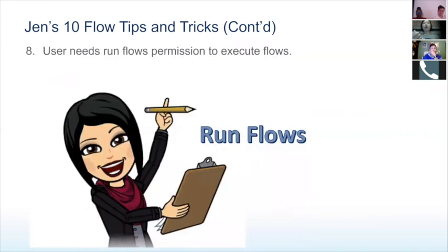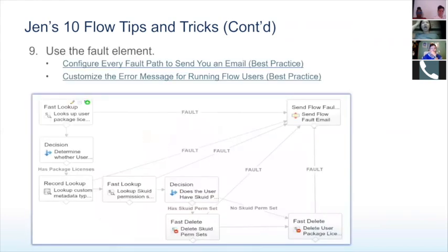8, want to make sure that any users who are using Flow have the run Flow system permissions, or else when they try to run it, they'll get an insufficient privilege error message. 9, use fault elements. So in my sample there, I purposely did not use fault connectors because I wanted to keep my example clean.